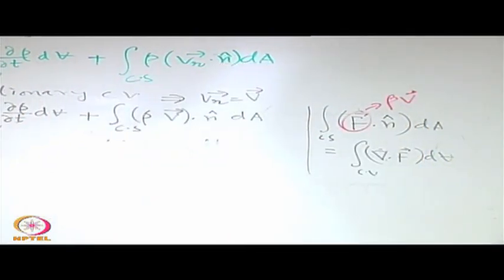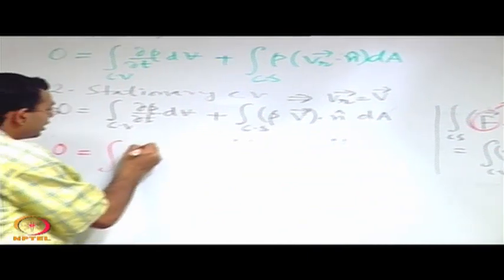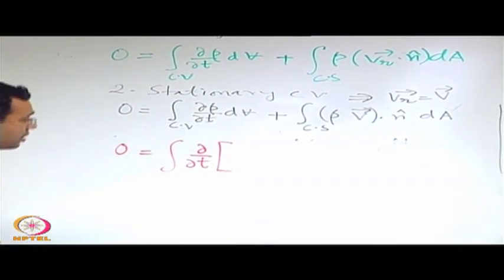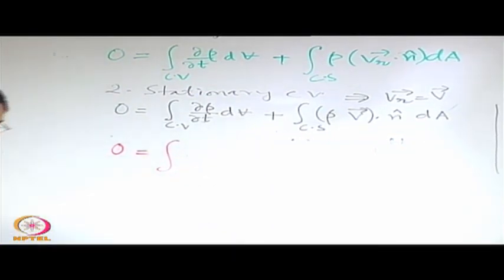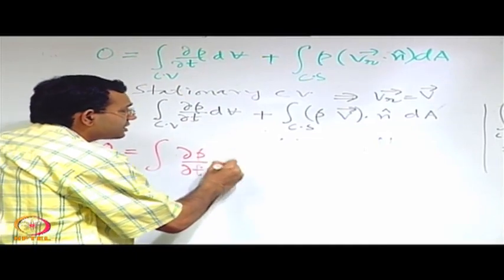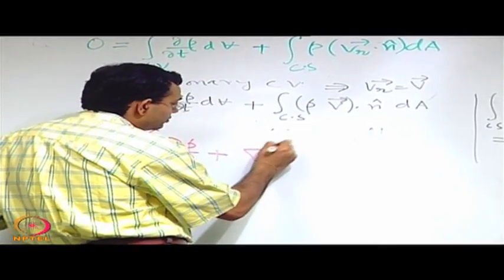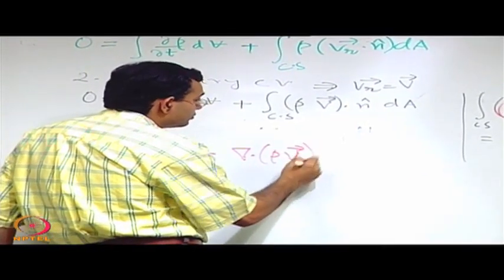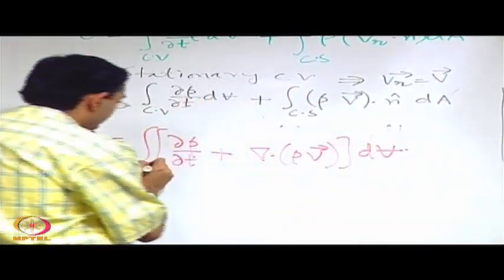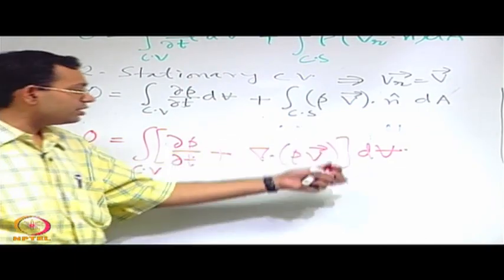So, the next step is 0 is equal to the integral of, now you write it, both are now volume integrals. So, this one plus the next term has also become a volume integral.